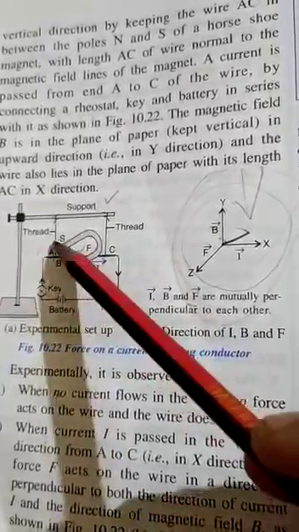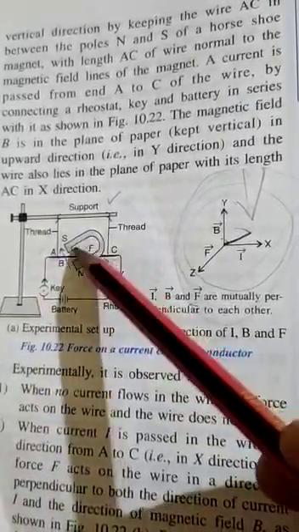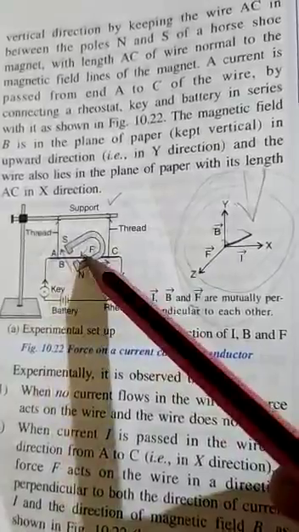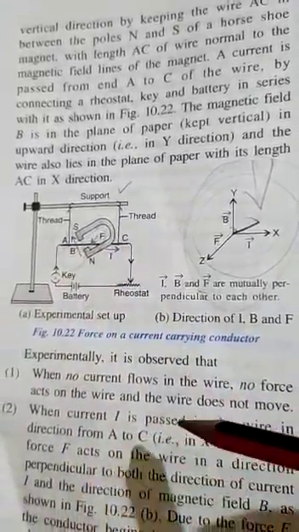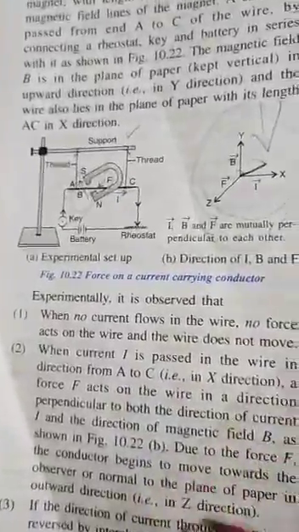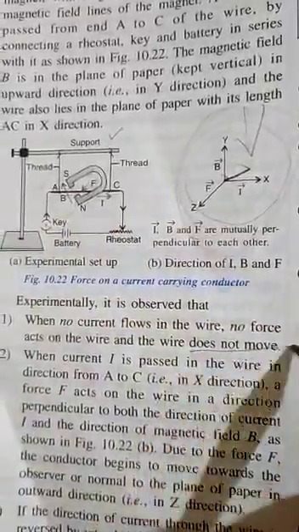Here you can see that the magnetic field is acting. So he found out that there was some force experienced by the wire due to which it starts moving. First, when there is no flow of current, when the key is open, the wire does not move.